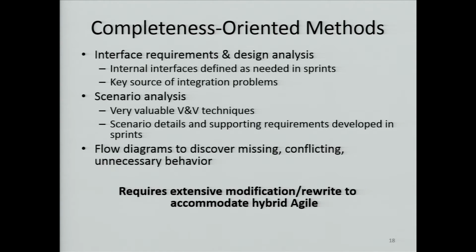So that's going to be challenging to do with a hybrid Agile system. Scenarios: one of the more valuable V&V techniques is tracing operational scenarios through a system. That's also, with the hybrid Agile processes that we've seen, very difficult to do, and not something that we can do until very late in the life cycle.